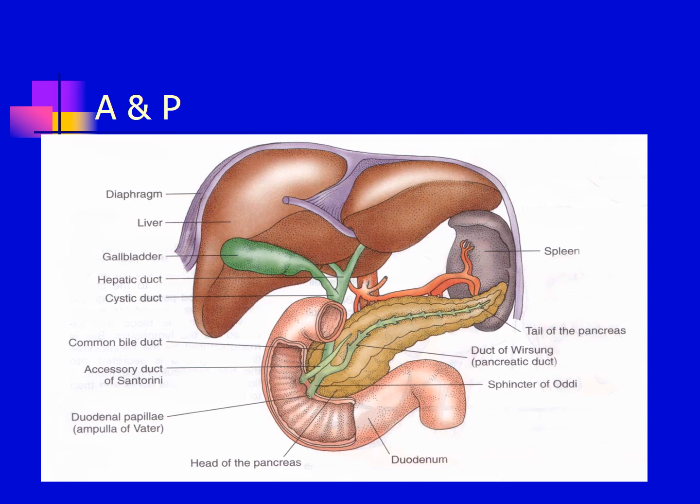This is a nice review of the hepatic and biliary system. Clearly you can see the liver, which lies mostly to the right side and extends over to the left. So right upper quadrant and epigastric area, you could identify the liver there. You also see the little green thing, that's the gallbladder, and then you see the pancreas.